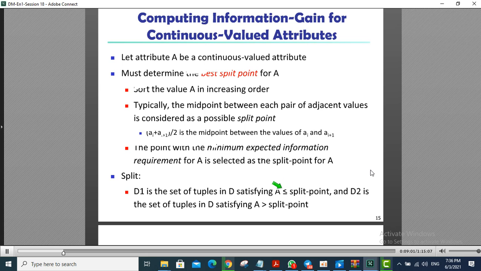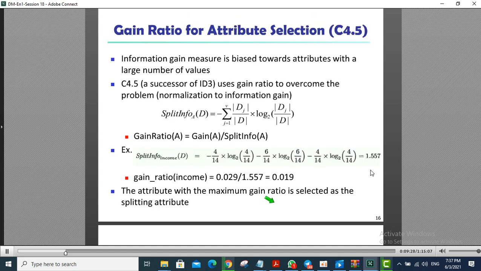D1 is the subset of tuples in D where their values are less than or equal to the value of the split point, and D2 is the set of tuples in D where their values are higher than the value of the split point. So I need to define a measure to find the best split point.